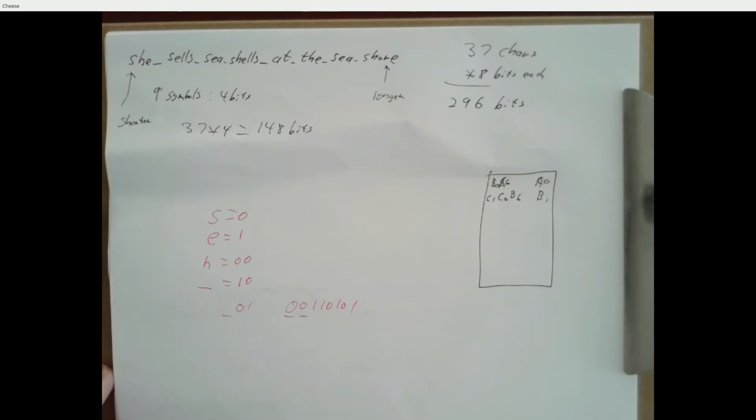Okay, and this algorithm we're going to go through will take care of that kind of automatically. So here's the idea. You're going to go through your input text. You're going to do a frequency analysis. You're going to figure out how often each symbol appears. And then you're going to take the symbols that appear less frequently and combine them.